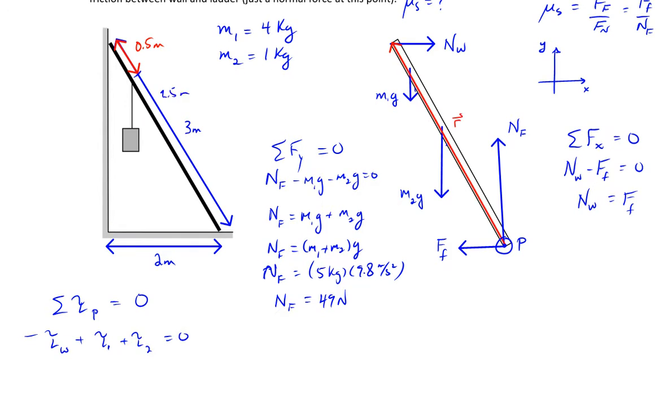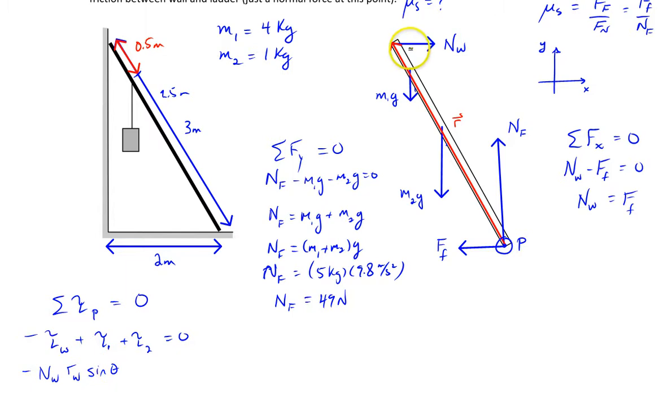Okay, and now substituting in the magnitudes of our torques. The torque from the normal force from the wall would be the force, which is the normal force N sub W, multiplied by this position vector, R sub W, multiplied by the sine of the angle theta.